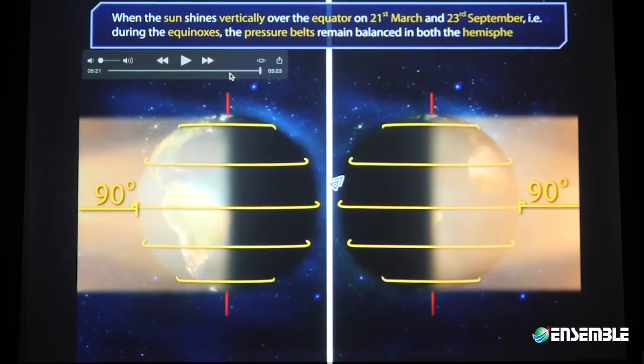The greatest impact of such a shift takes place in the Mediterranean region, which comes under the influence of the dry trade winds in the summer and under the influence of the westerlies during the winter season. So they have winter rains and a summer drought type of situation.